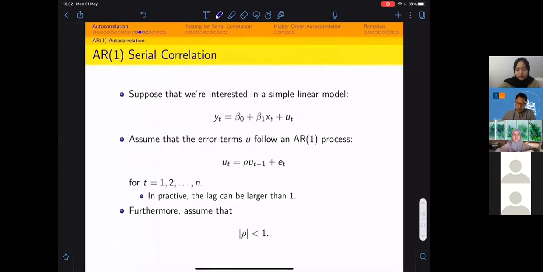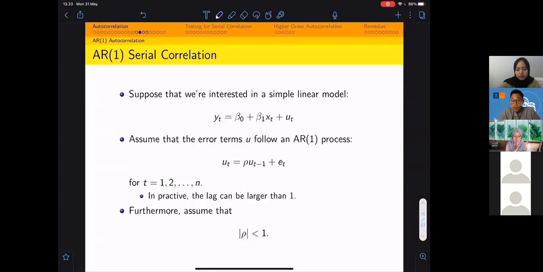All right, so let's go into the discussion of AR1 serial correlation. We're interested in a simple linear model. Again, we can always extend it to a model with more explanatory variables, so for example, you regress Y_t on X1_t, X2_t, X3_t, and so on.